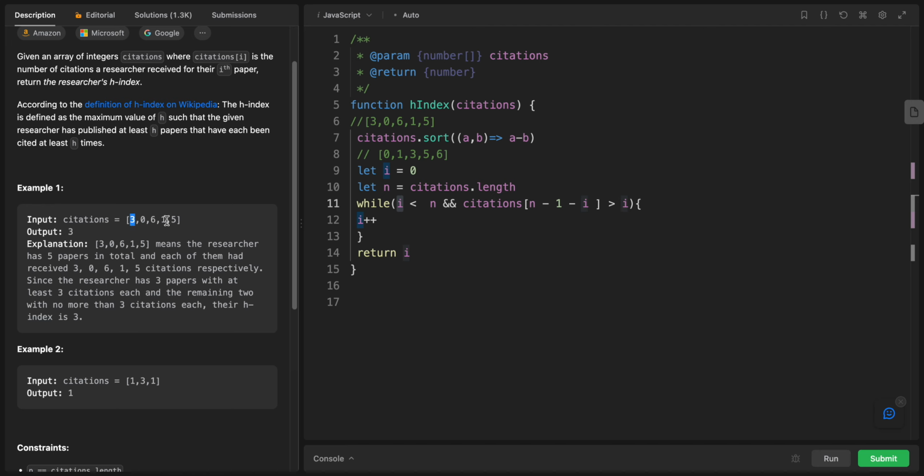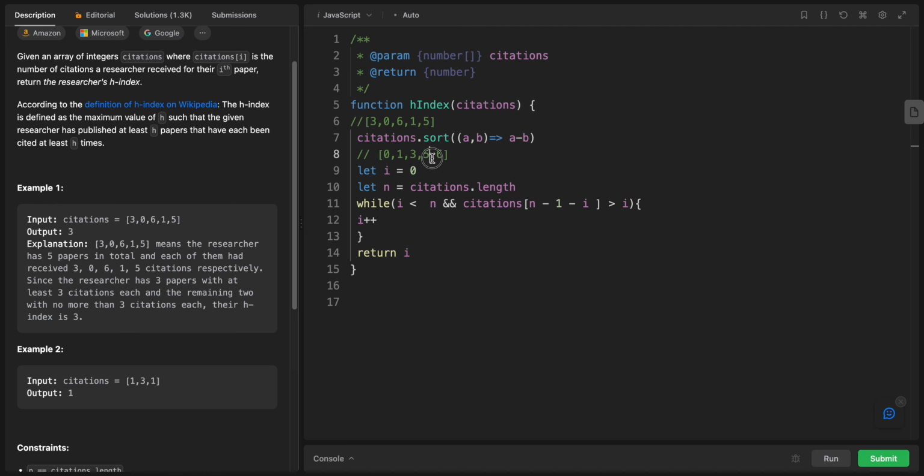Someone might say maybe we could use 1 because 1 appeared 4 times, not 3 times, so 1 is more, but 1 is not the maximum, 3 is the maximum. So we search for the maximum. The H index for this one is 3, because 3 appeared 3 times, and it's the biggest one. We can say 1 because 1 appeared 4 times, but 3 is bigger than 1, so we take 3.